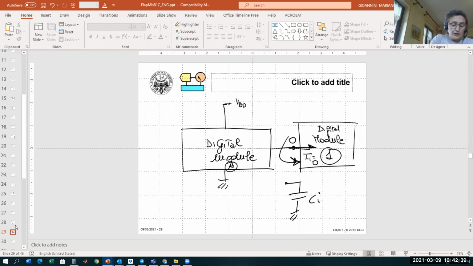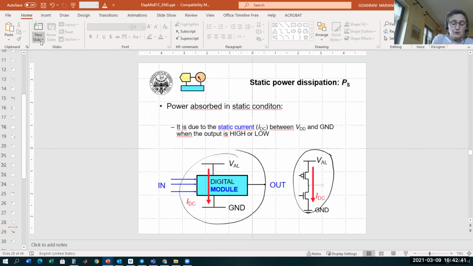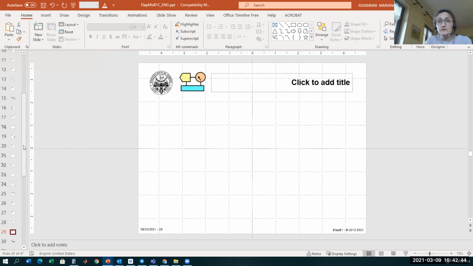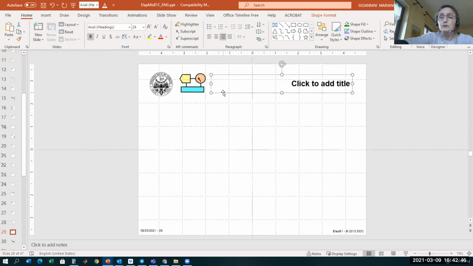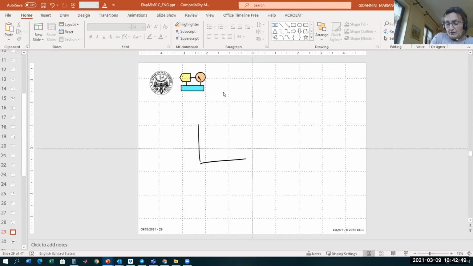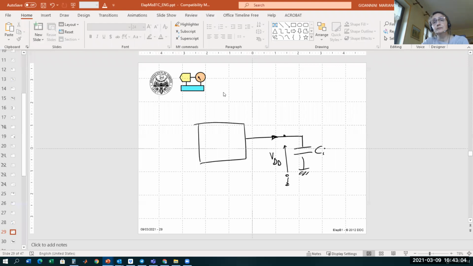So when you work in a steady state, for example, when you have this output voltage high, do you have current flowing here?